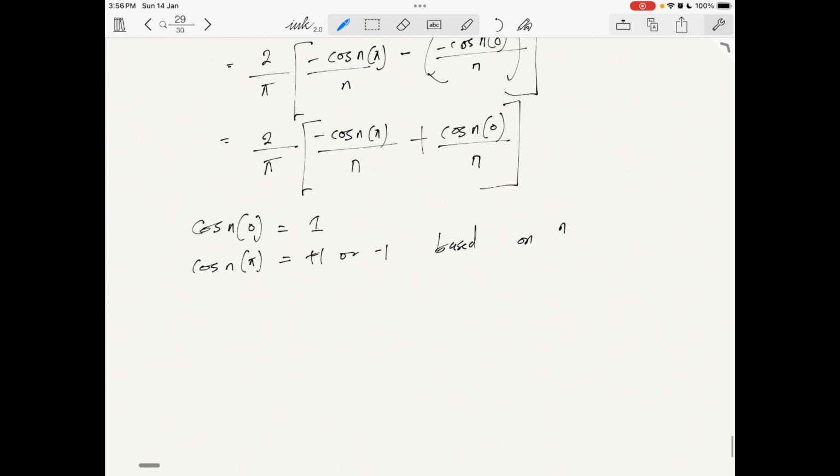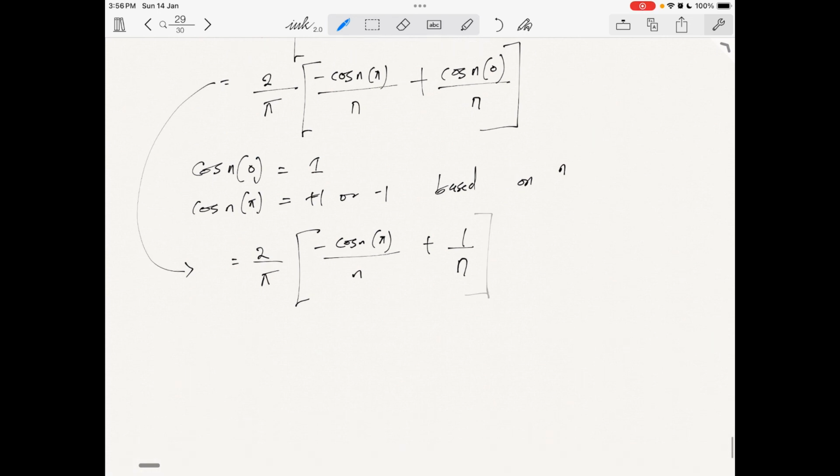So if cos n of 0 is equal to 1, then this can be written as 2 over pi into minus cos n pi over n plus 1 over n. So this is Bn.